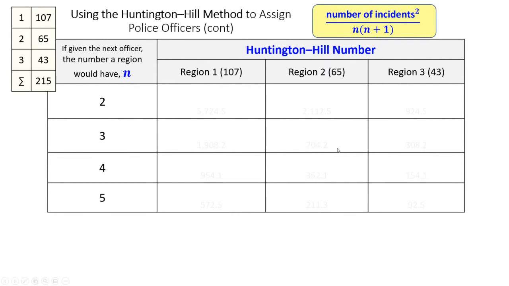So we start in this example just to show the difference.